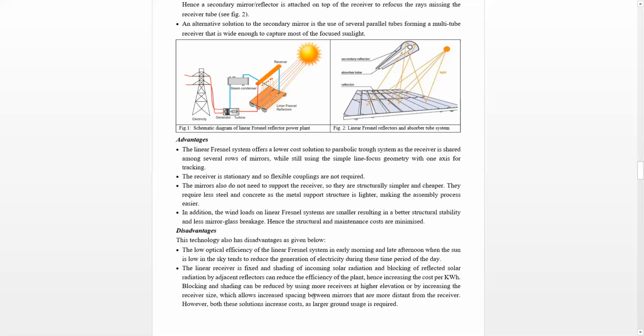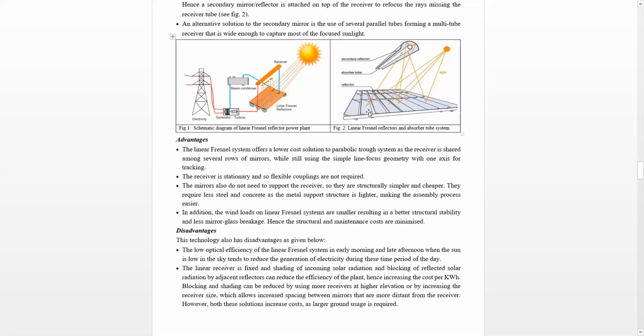Now blocking and shading can be reduced by using more receivers at higher elevation. That means if we place this receiver at a higher elevation, then what will happen? If they are at a higher level, at a higher altitude, then this tilt angle can be reduced, and the gap between the reflectors can also be increased.